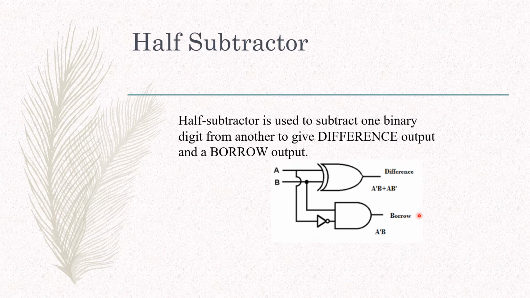In this, we have an XOR gate, an AND gate, and a NOT gate. This XOR gate will give the difference output, and the AND gate will give the borrow output.